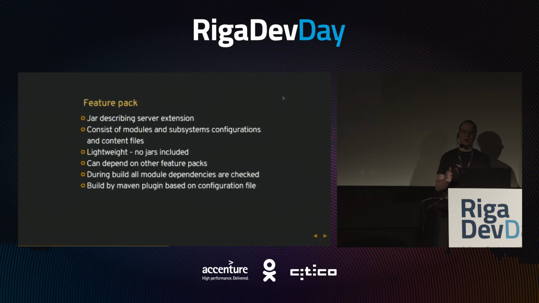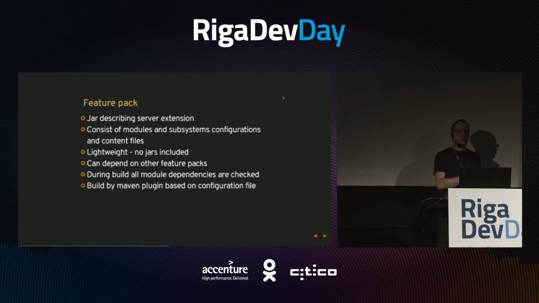So in a feature pack you describe what parts of the server code it contains. An example of a feature pack may be the web feature pack. The information in the web feature pack will be that it contains all the code in the Undertow and naming subsystems. That's the feature pack, but it's only configuration. It's not the code yet.